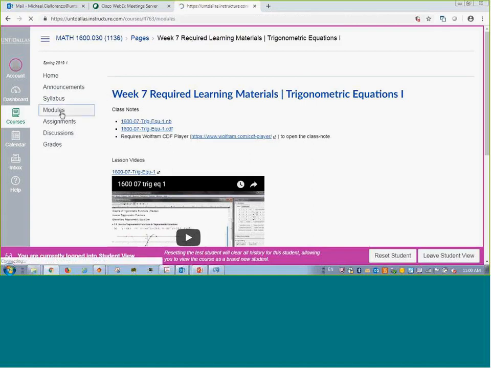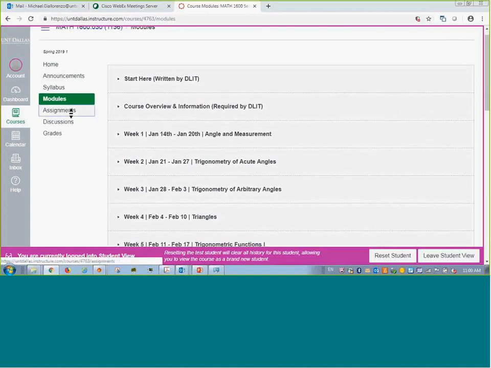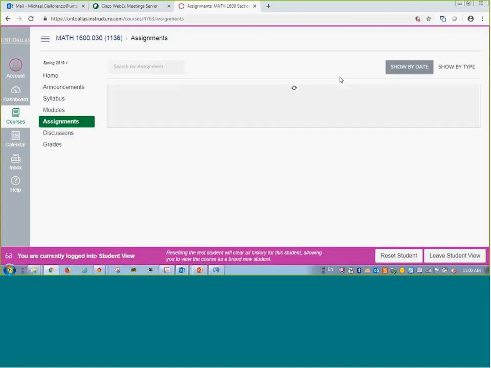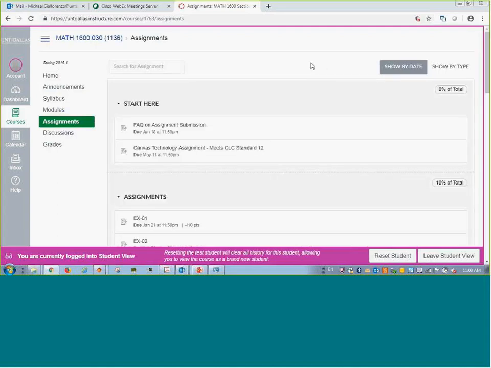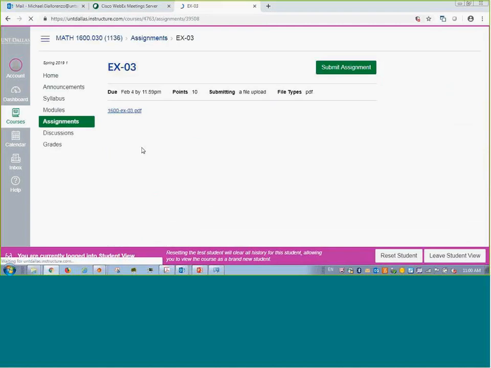And all those are summarized into each module, and if you go to the assignment section, we have a bunch of assignments that they have to do on top of those posted in my math lesson website.